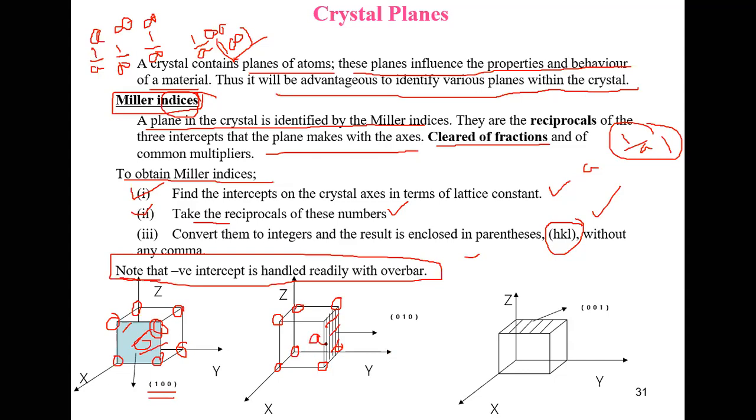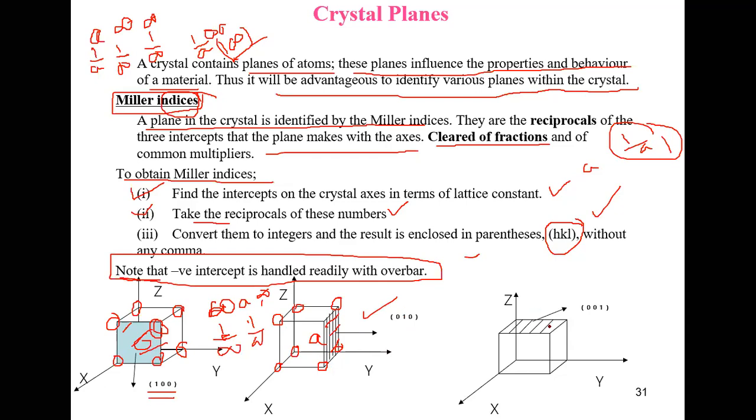If it is cubic, it will be a. So the intercepts are infinity, a, infinity. Take reciprocals: 1 by infinity, 1 by a, and 1 by infinity. Then convert them into integers. So it will be (0 1 0).